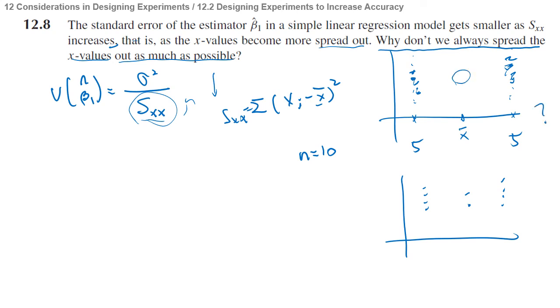The answer is, if we don't have a point in the middle, we don't know whether it fits linear or something else. If we only have data here and data there, then we cannot be sure whether the shape of the truth is this one or this one.